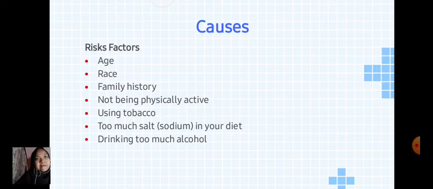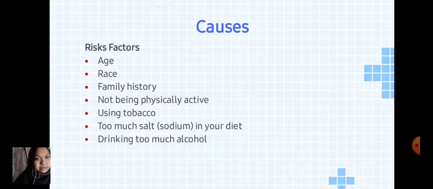And then family history. High blood pressure usually tends to run in families. So if your grandparents or your parents have hypertension, you can be affected by hypertension too.